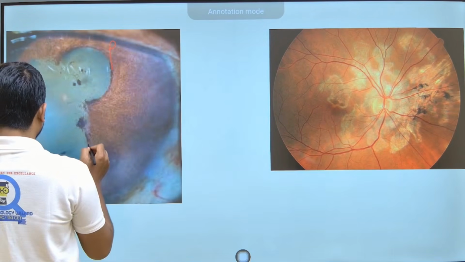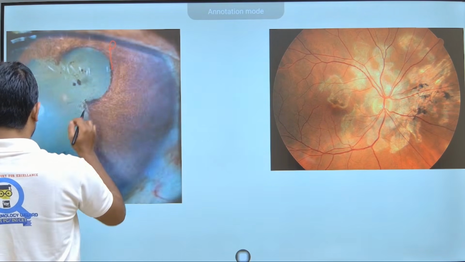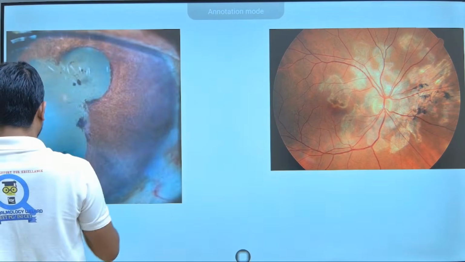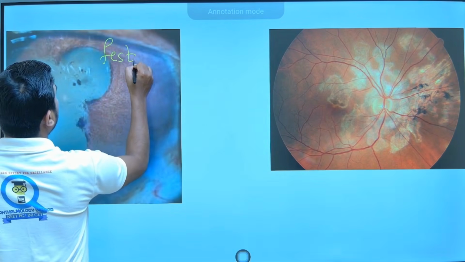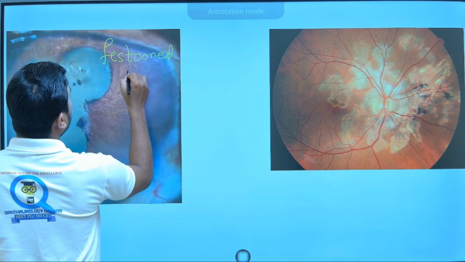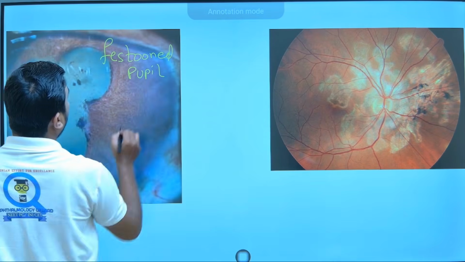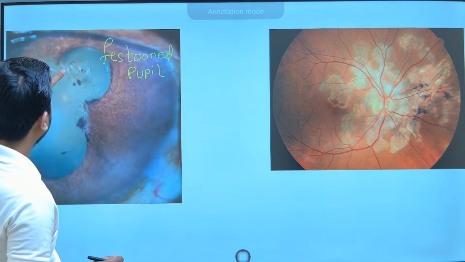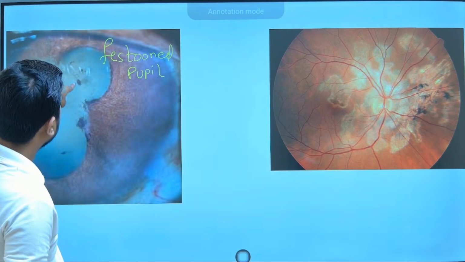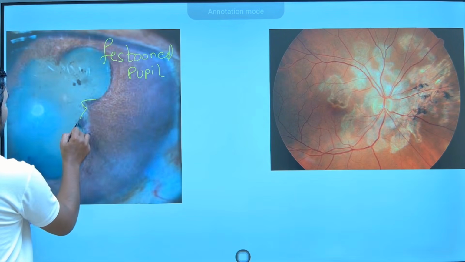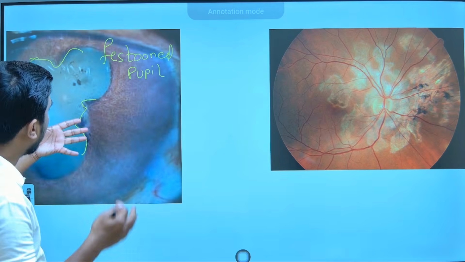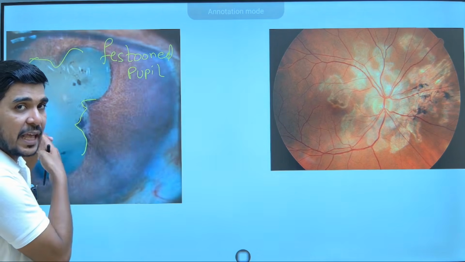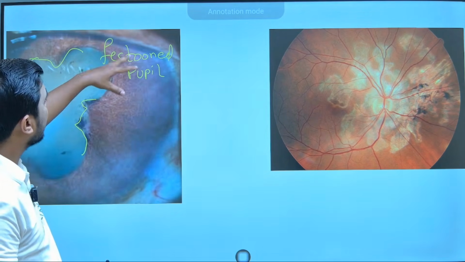What is this? This is a festooned pupil. Why is this a festooned pupil? Because of this synechia. See the synechia here, here, and here. Because of this synechia, the iris is adherent to the lens, stuck to the lens capsule. That is why it is a festooned pupil.